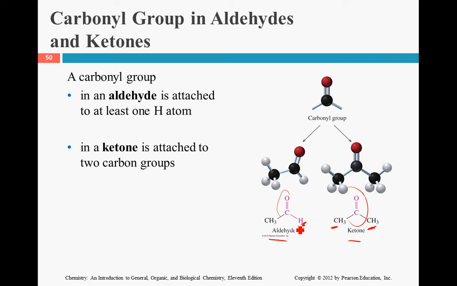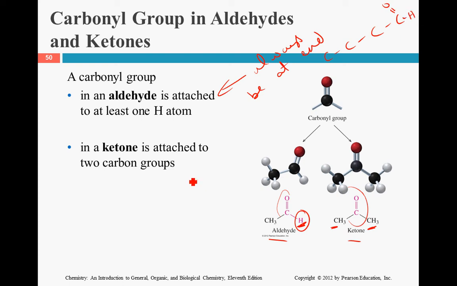Now, one thing to keep in mind, when you're looking at a carbon chain, is that an aldehyde will always be at the end. And the reason for that is because of this hydrogen. So if you draw a bunch of carbons, if you want it to be an aldehyde, you have to put it here because the last one has to be a hydrogen.